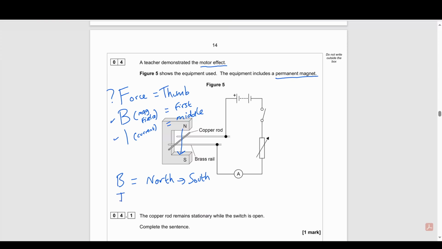Our current direction. Well, in the case of the circuit now, we can see that the positive terminal here and the negative terminal must be there. So our current is going to move from negative to positive.